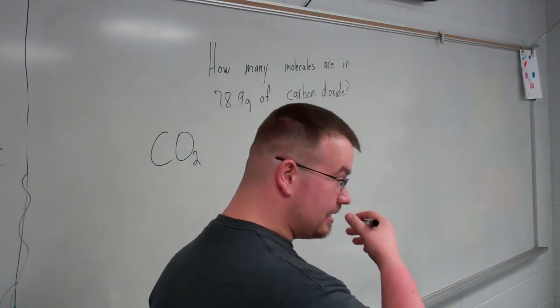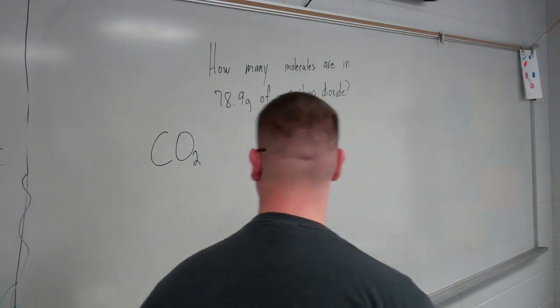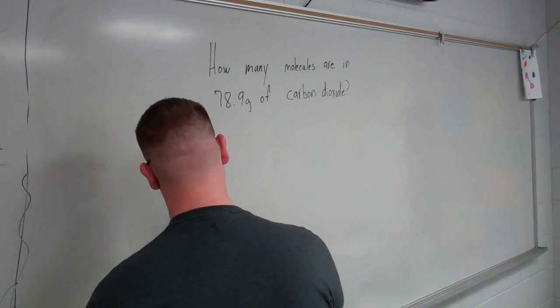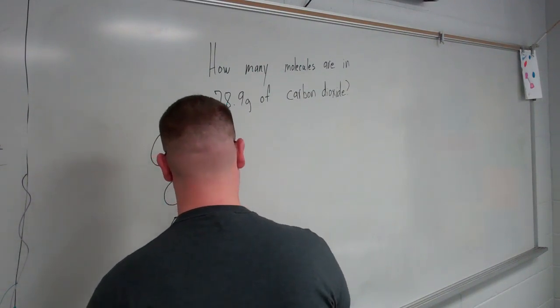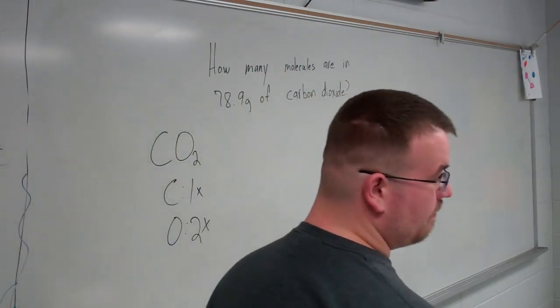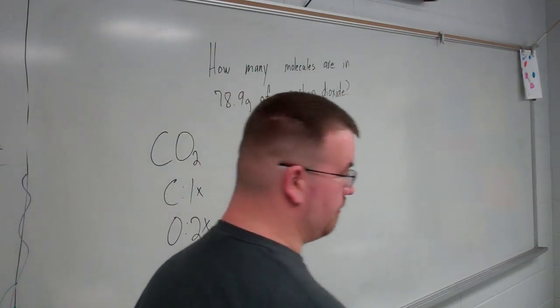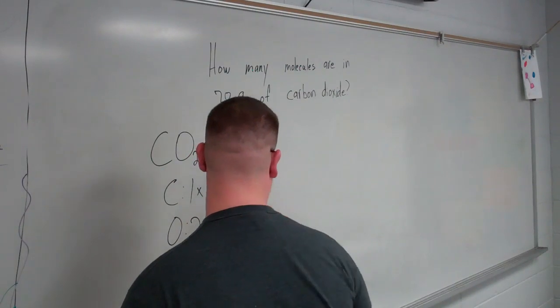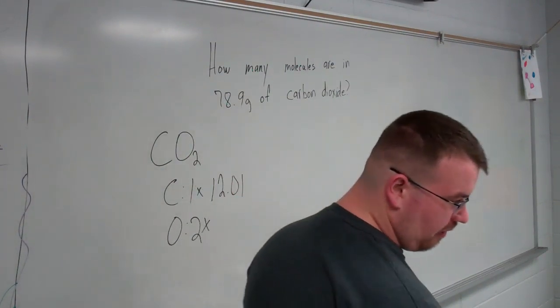Okay, so when you look at this, you have to be able to take it off the periodic table. Carbon, you have 1 carbon. Oxygen, you have 2 oxygens. And you multiply that by the molecular mass off the periodic table. So carbon, on the one I gave y'all, is 12.011.